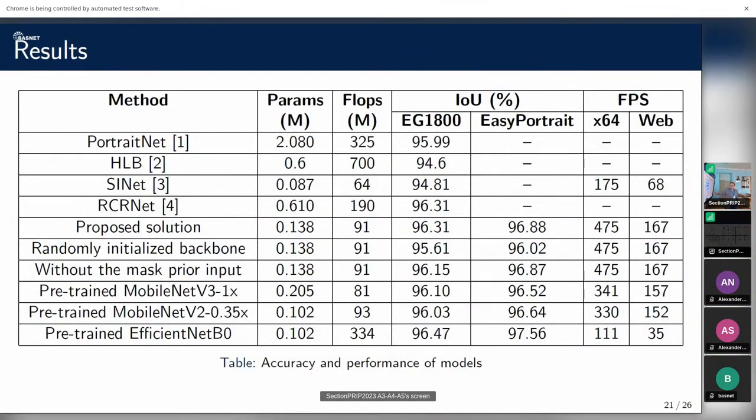Also, I know that using a pre-trained backbone is very useful, because if I use an initially randomly initialized backbone, the metrics are worse, and without the prior input, the metrics also fall. Two years ago, I used MobileNet and other architectures.